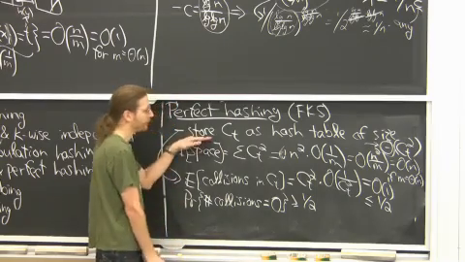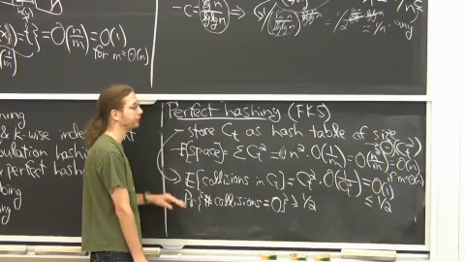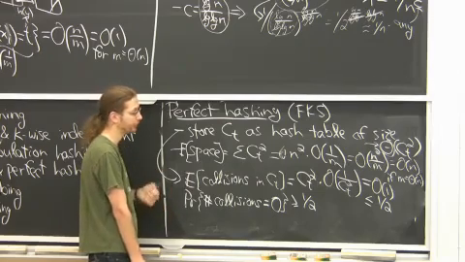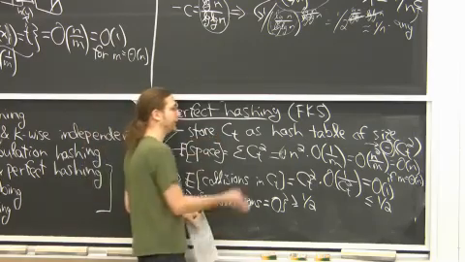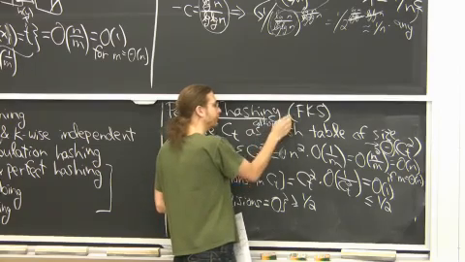So you try to build this table. If you have 0 collisions, you're happy, you go on to the next one. If you don't have 0 collisions, just try again. So in an expected constant number of trials, you're flipping a coin each time. Eventually you'll get heads. Then you can build this table, and you have 0 collisions. So we always want them to be collision-free.